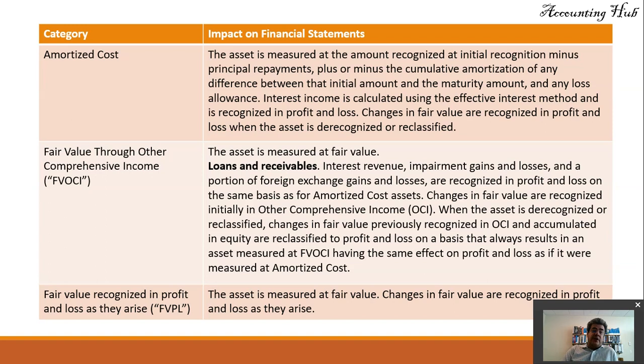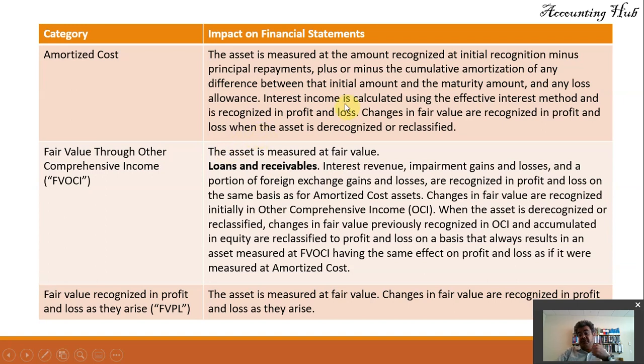Fair value through other comprehensive income. So we have two measurements here. One for loans and receivables, that is our debt investments. The other one for equity, that is not our topic here. The asset is measured at fair value, period. Interest revenue, impairment gain and loss, and a portion of foreign exchange gains and losses are recognized in profit and loss on the same basis as an amortized cost asset.